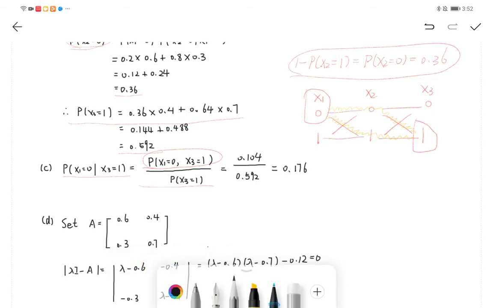The first path is like this: 0.2 multiplied by 0.6 multiplied by 0.4.